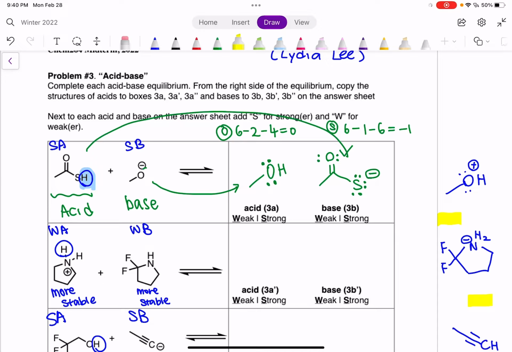To compare the strength of the acid, conjugate acid and bases, we have to see whether that is stable or not. And in this case, it's pretty stable, which makes the conjugate acid weak. This is stable, so it's weak. And for the base, it's also stable, so it's weak as well.